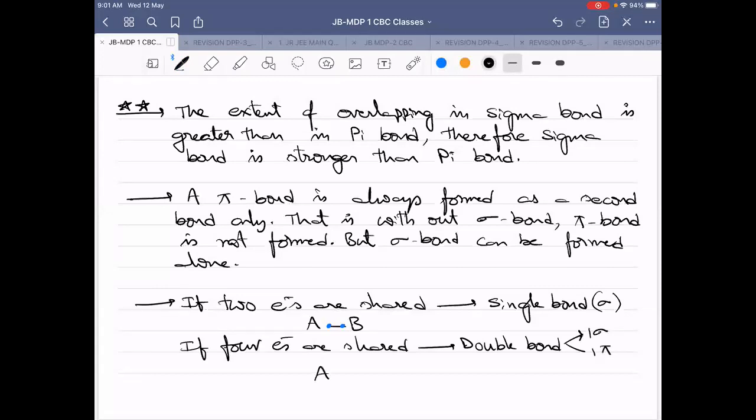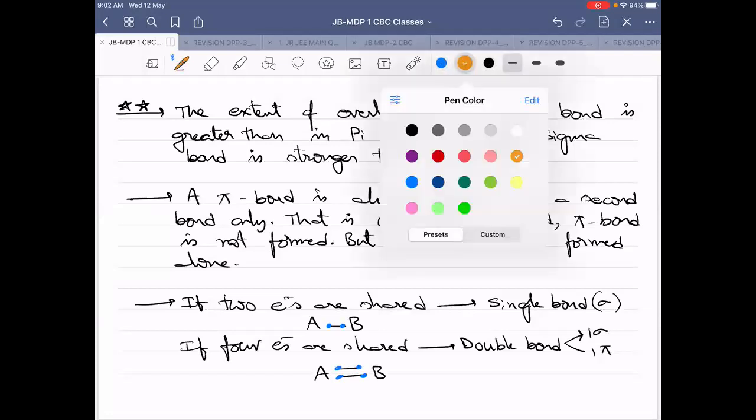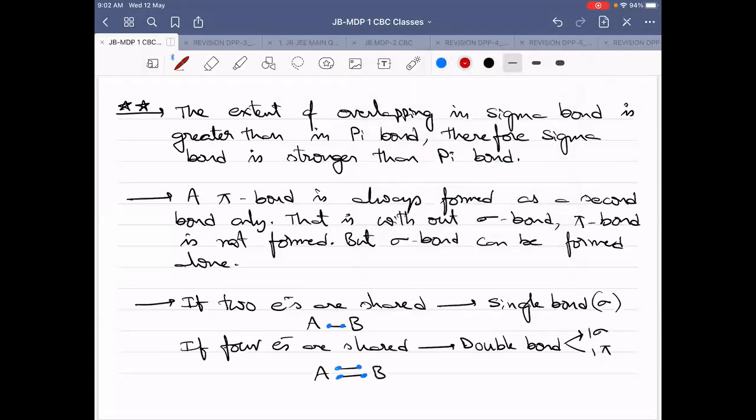Like you see, A, B, like this. This is a sigma bond and this is a pi bond. In a similar manner, you can write for triple bond also.